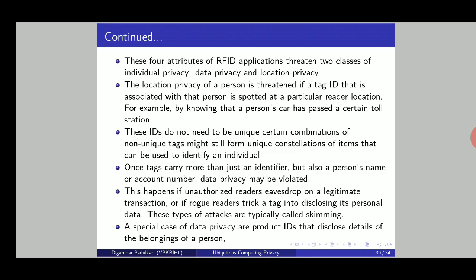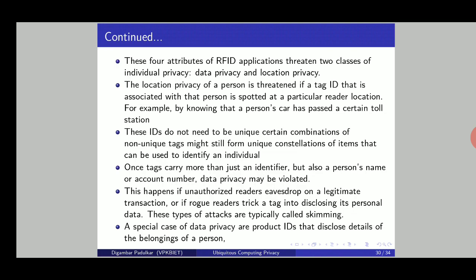If that individual who is chasing me gets the information that at this time the person's car passed this toll plaza, definitely that information is very meaningful to the chaser, and that should not happen. So that's the meaning of this point.